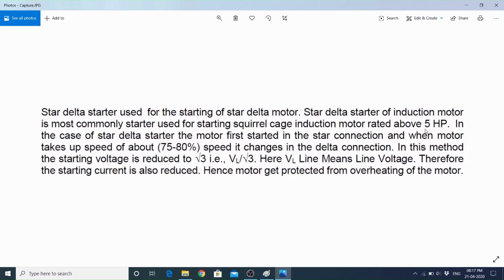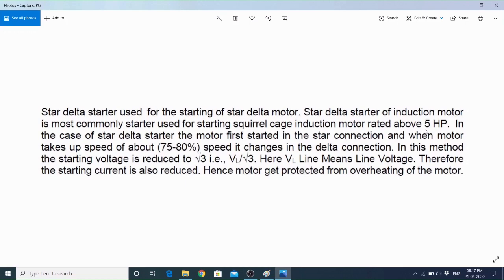So at the beginning the motor is started with reduced voltage so that it can overcome the initial loading, that is when the motor is at stop condition.